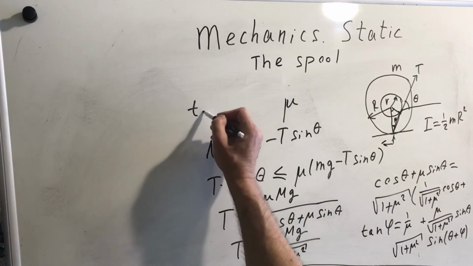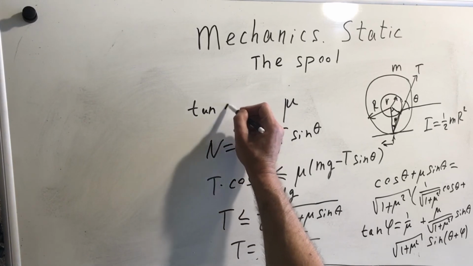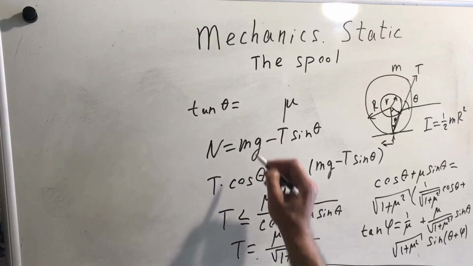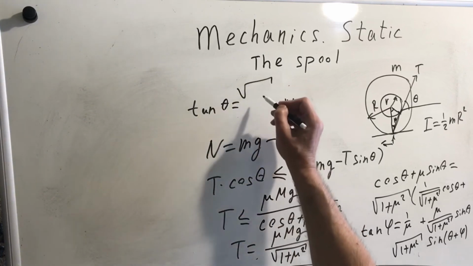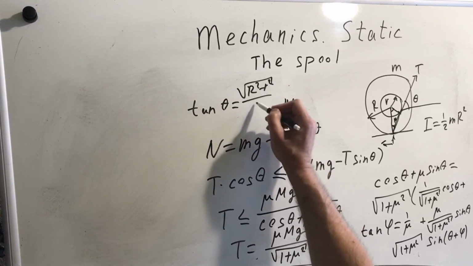So we have tangent theta equal to the square root of R squared minus r squared over r.